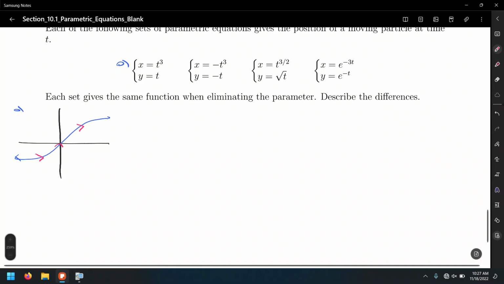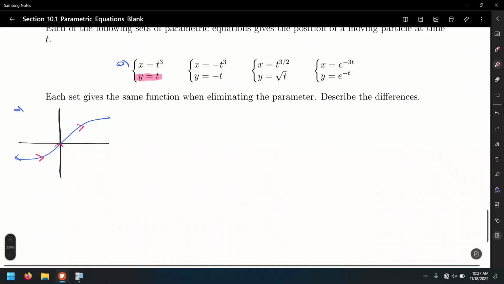To eliminate the parameter, go with the easiest of the equations in your set of parametric equations and solve for t. In this case, the easiest equation is y equals t, which is already solved for t.